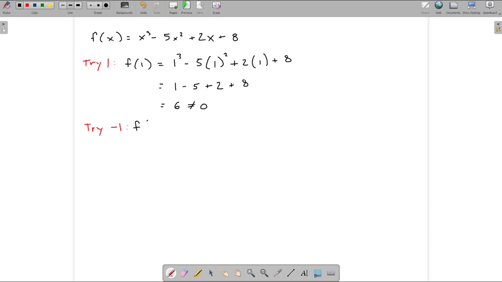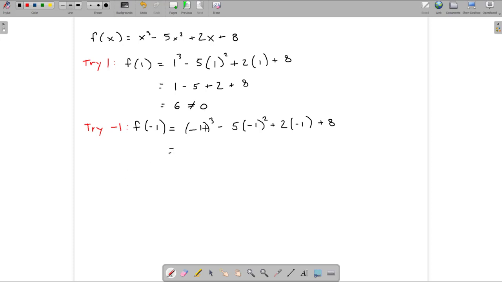So f of negative 1 will give me negative 1 cubed minus 5 times negative 1 squared plus 2 times negative 1 plus 8.